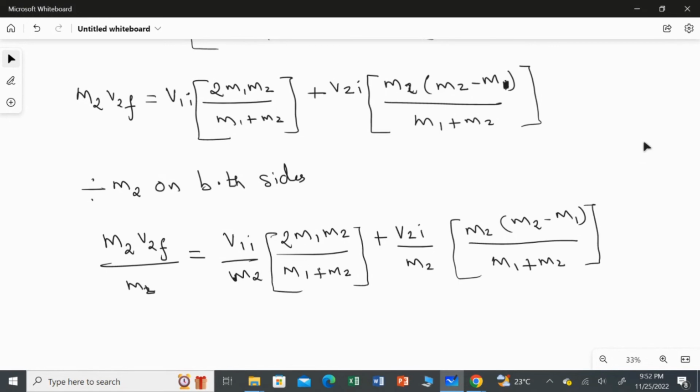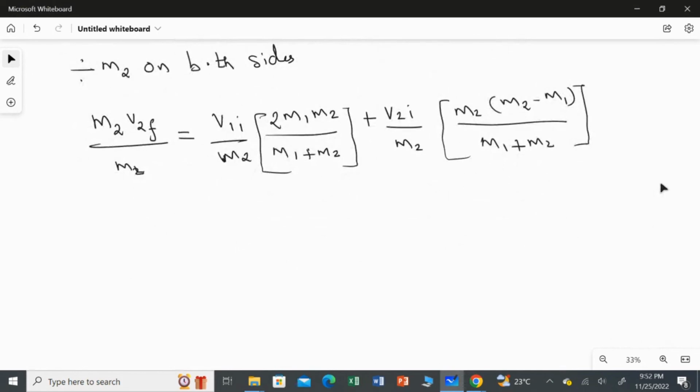Clear? Now you can see we can cancel M2 both numerator and denominator in both left hand side and the right hand side. By that we can cancel here. We can cancel M2 here with here because everything is in multiplication form, and also we can cancel M2 here and here.